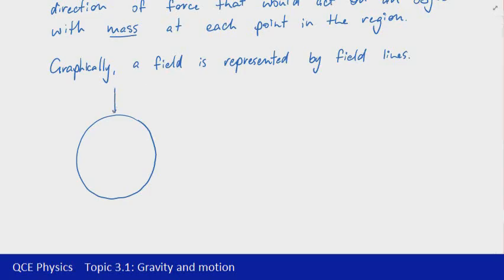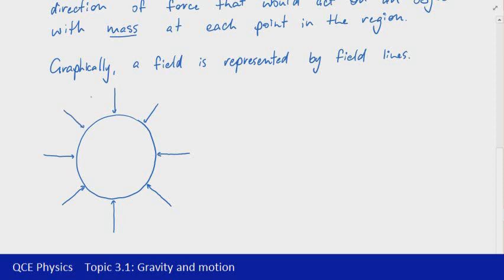If we were to consider somewhere out to the side here, the field line in that direction would be in towards the middle. Down at the bottom it would be up, and across from this side would be in as well. So we could continue to draw field lines in every direction to show the fact that the field is directed towards the center of the Earth.